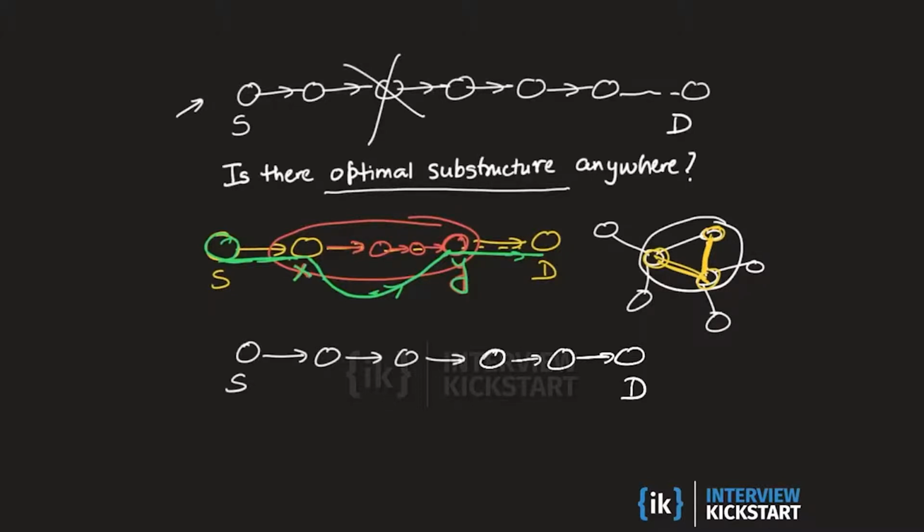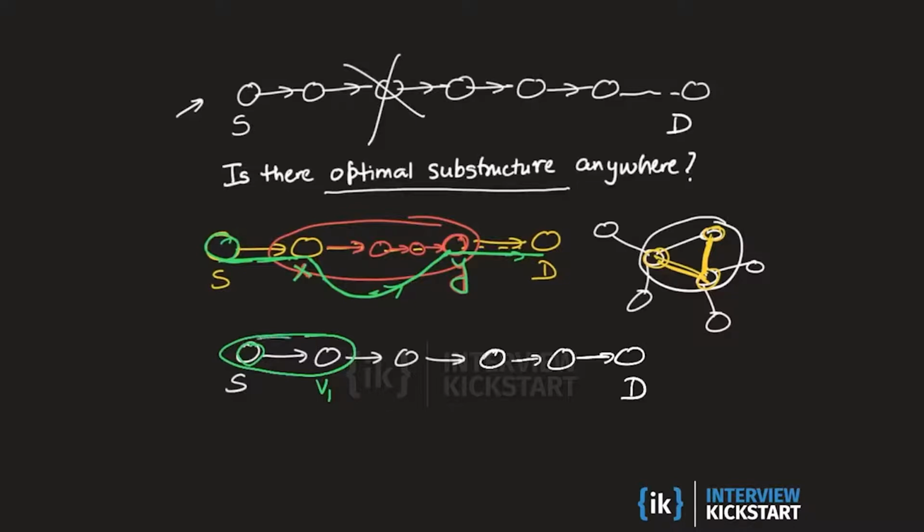Now I'm going to focus specifically on local regions that are prefixes of the path. So if I start from S and look at this prefix, the first two nodes, I know that this section must be the shortest path from S to, let's say, this vertex V1, because if it wasn't, then I could take a shortcut from S to V1 and thereby improve the overall path from S to D.